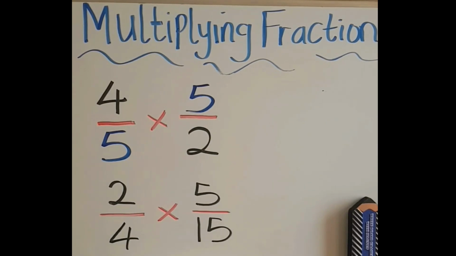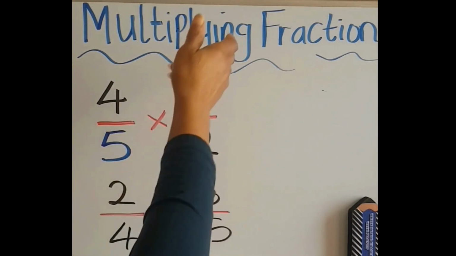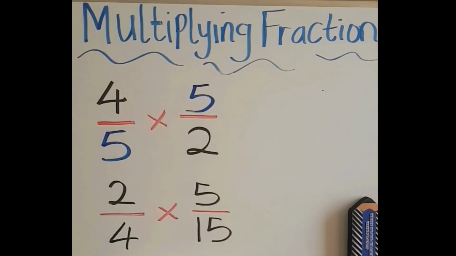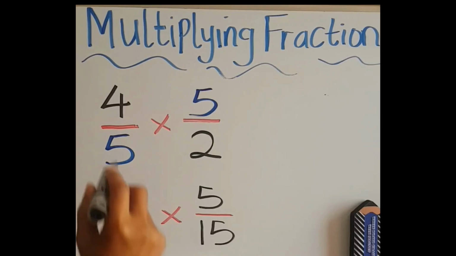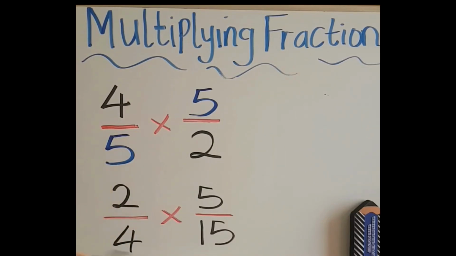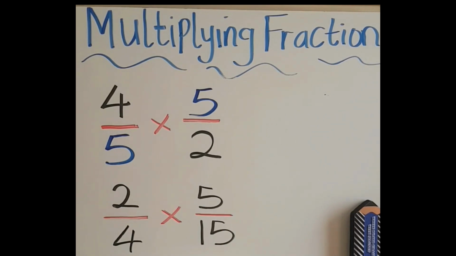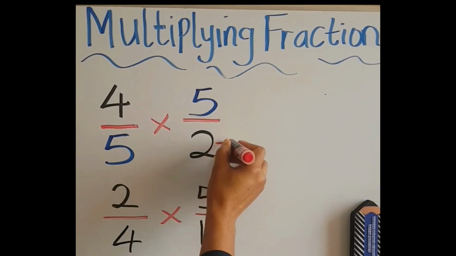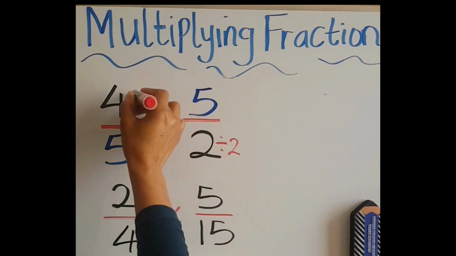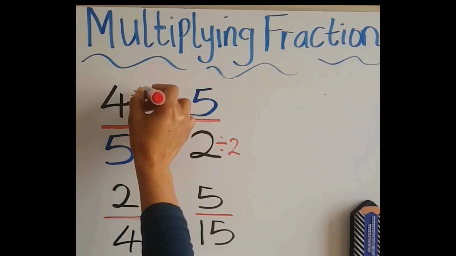So what you're going to do here, you're going to divide. See, 4 and 2. 2 can divide 4. And 5 can divide 5. So diagonally, you divide diagonally. Number that will divide 2 and 4 without remainder. Of course, 2 can go. 2 will divide 2 without remainder, and 2 will divide 4 without remainder.